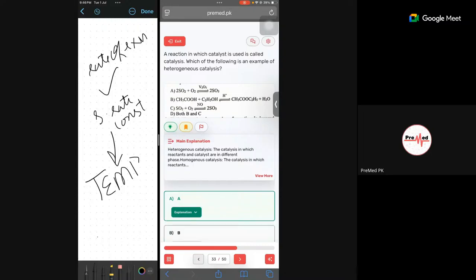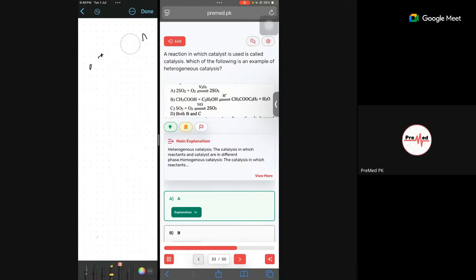Next is a learning-based MCQ and also a bit of an easy one. It asks: which of the following is heterogeneous catalysis?